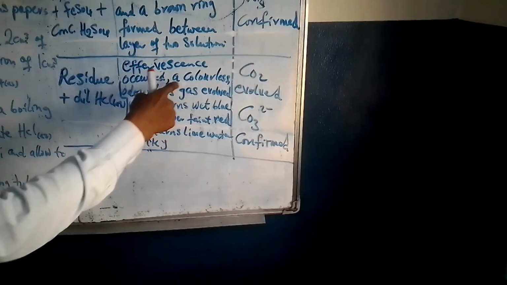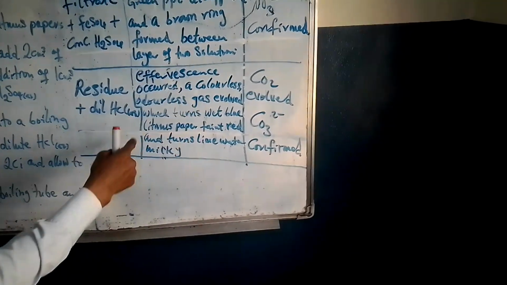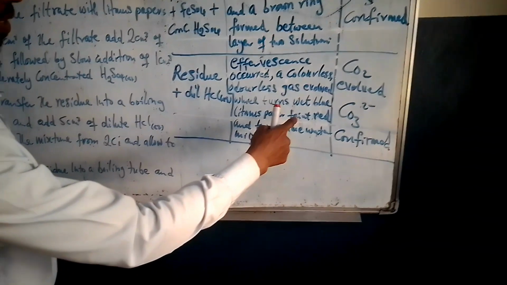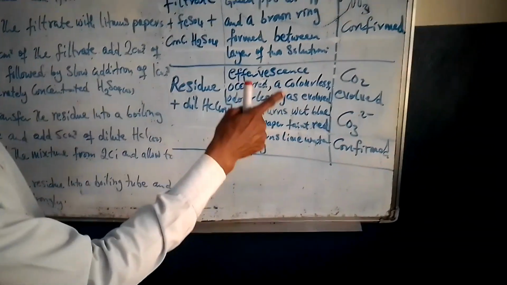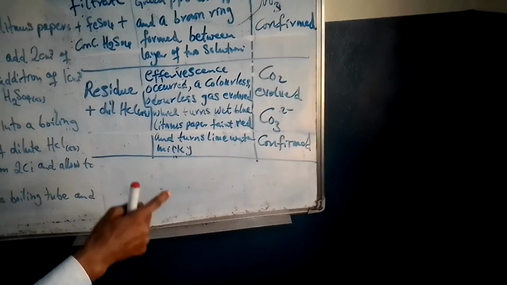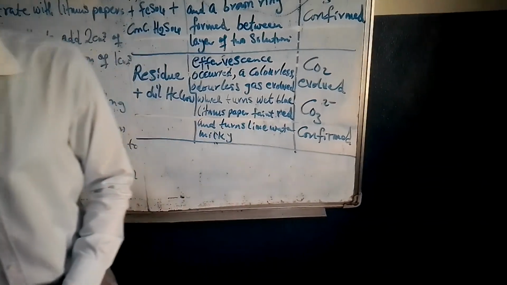Residue plus dilute HCl: a colorless, odorless gas evolved, which turns blue litmus paper faint red and turns lime water milky. CO2 evolved and CO3 2 minus confirmed, and allowed to cool.